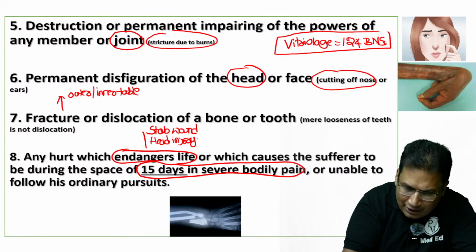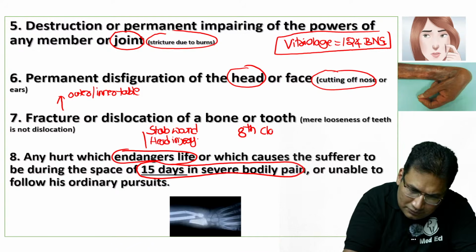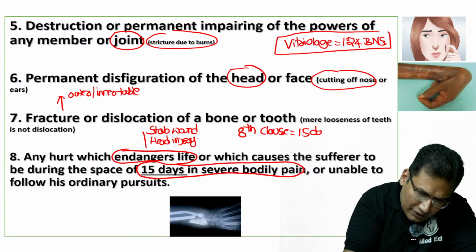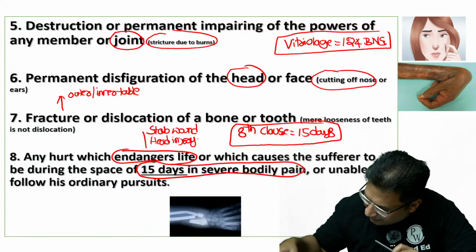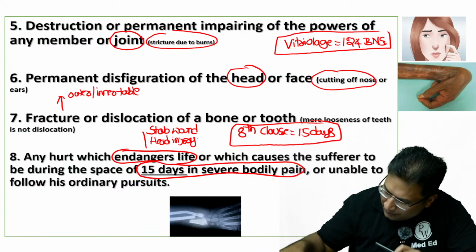So all of you write in the chat box: 8th clause is equal to 15 days. Previously it was 20 days. Now it is decreased. Okay? Keep writing this point.